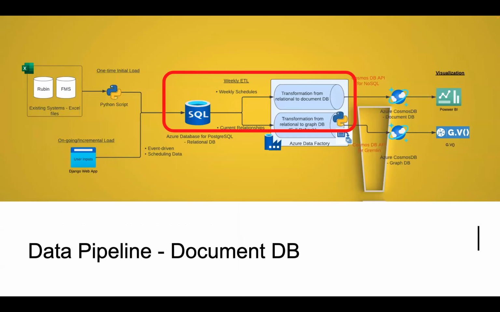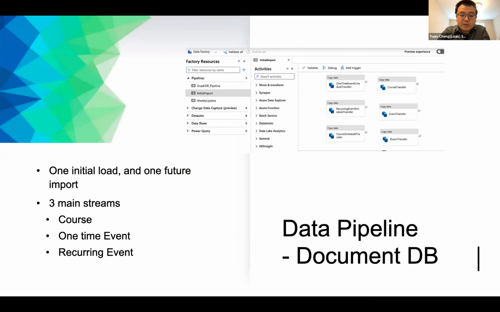Now, Luis will talk about our data pipeline for DocumentDB. So right now we have one initial load and one for future import. It's a very simple pipeline. Inside these pipelines, there are three main streams: one for courses, one for one-time events, and finally one for recurring events.